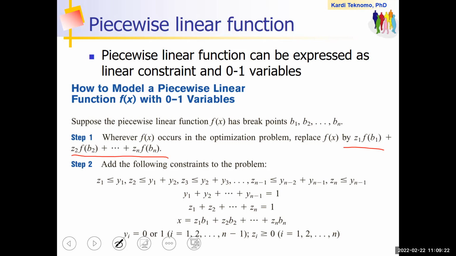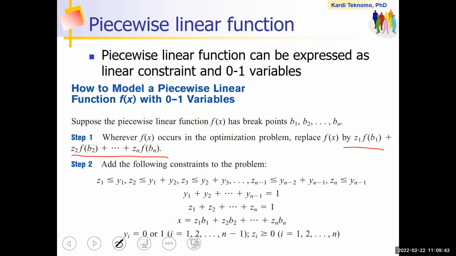Then you add additional constraints to the problem. The z now: z1 must be less than y1, z2 must be less than y1 plus y2, and so on.